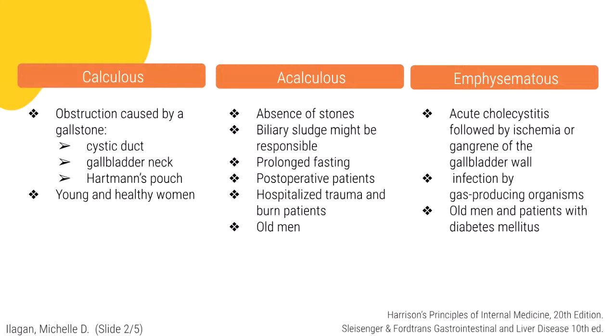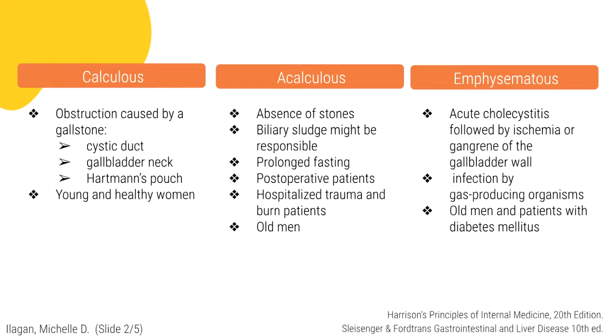Biliary sludge might be responsible for this. People with the following conditions have an increased risk of having acalculous cholecystitis. The conditions are prolonged fasting, postoperative patients, and hospitalized trauma and burn patients. This is also more common in elderly male patients.